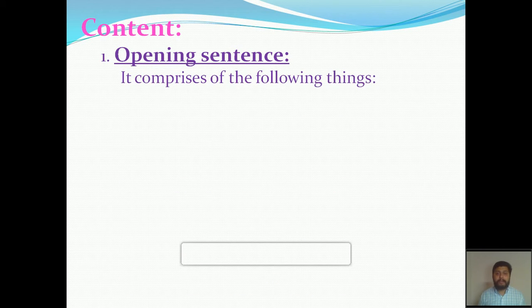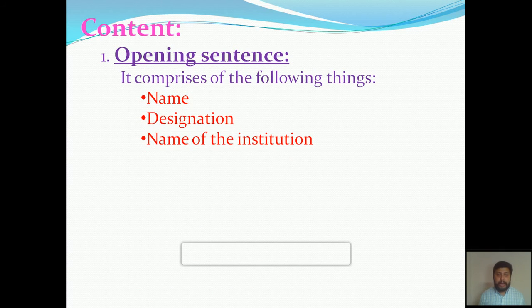It comprises the following things: name, designation, name of the institution, name of the event. This means the opening sentence should mention your name and your designation, the name of the institution where you are working or studying, and the name of the event. So it must be in the first or opening sentence.